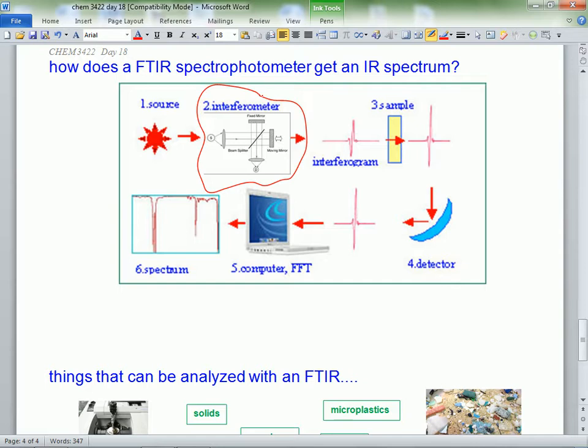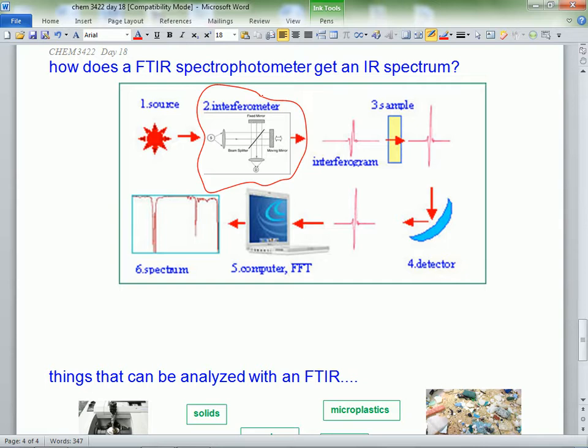This building is shaking a lot, but if you closed one door you could detect it with this thing. It's that sensitive. It's crazy.